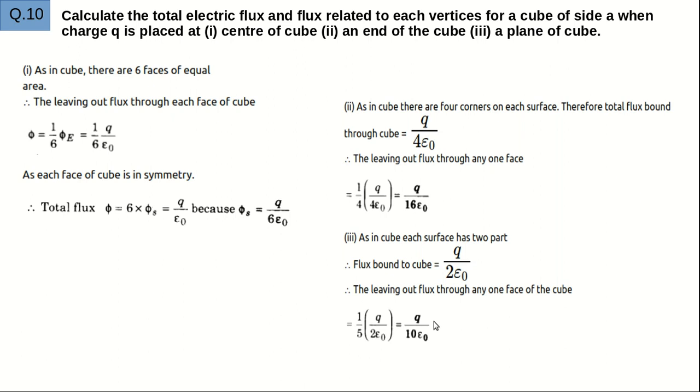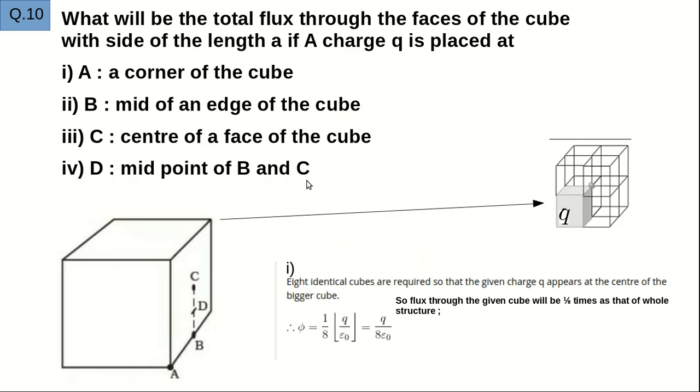So this is an example for cubes, and now I will describe these examples for cubes. Now let's have a look at this example. What will be the total flux through the faces of a cube with side of length a, if a charge q is placed at the corner of the cube? I will describe each and every example one by one.